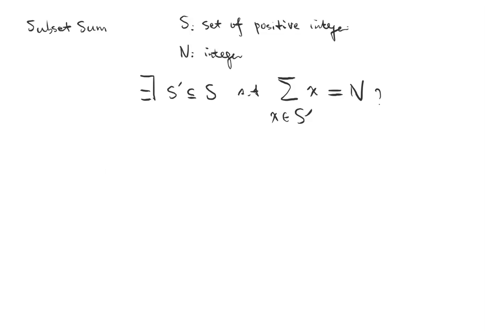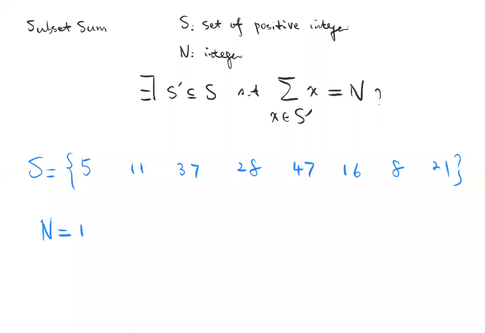So for example, suppose I give you this set S. Actually, the problem is very difficult to solve. So for example, I want to know if there exists a subset in this example whose sum exactly equals, say, 101. So that's the question.